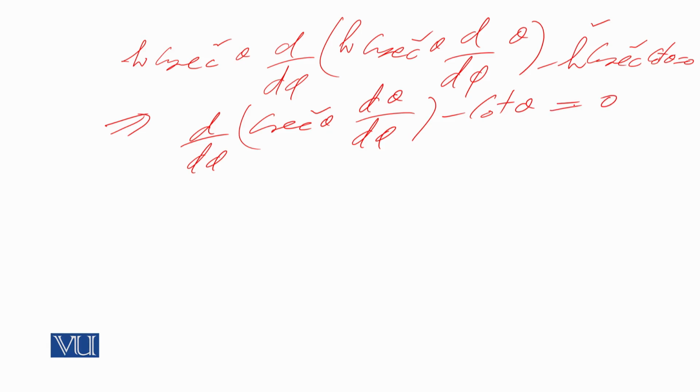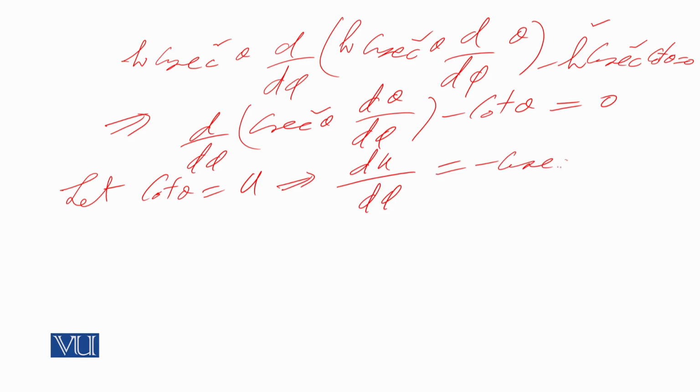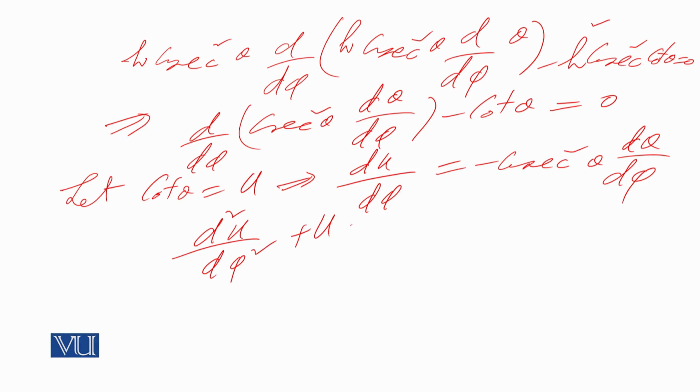Now, for the sake of simplicity, we assume that cot theta is equal to u. Then we have obviously from here du over d phi is equal to minus cosecant square theta d theta over d phi. So, inserting this value in this equation, we finally arrived at this result, d square u over d phi square plus u is equal to 0.